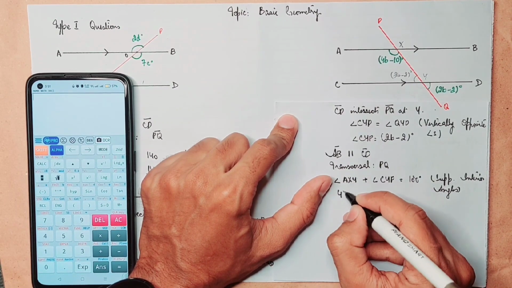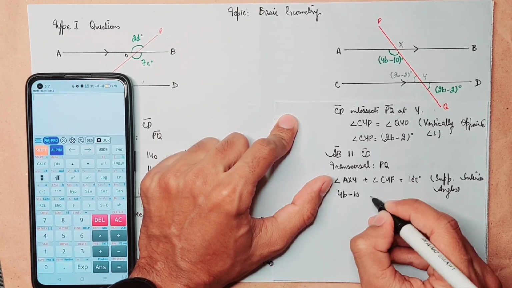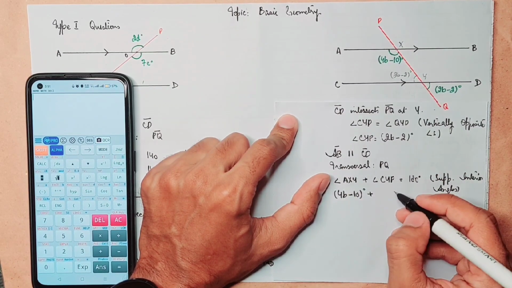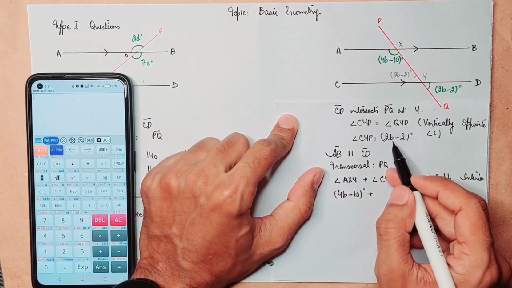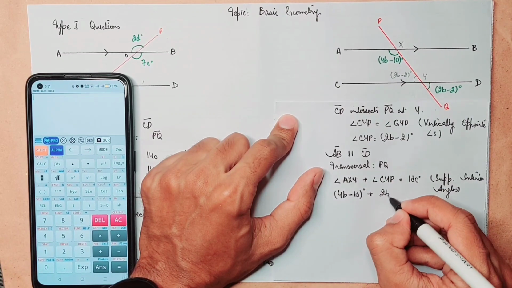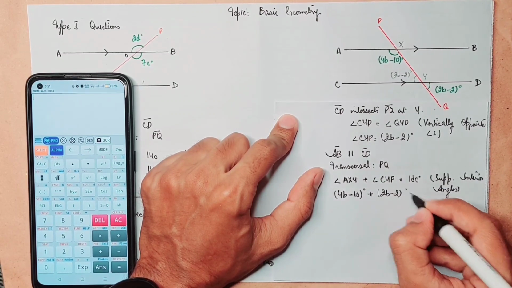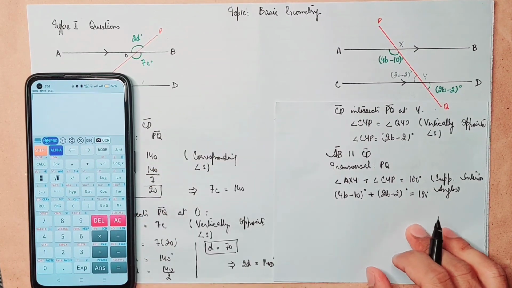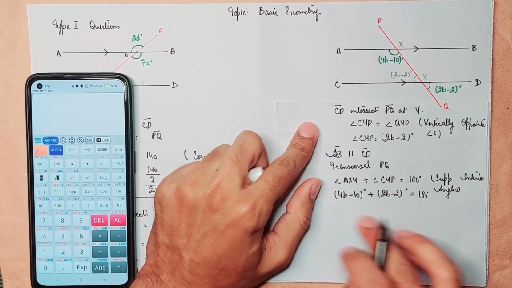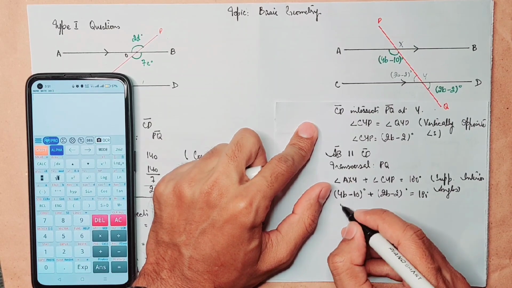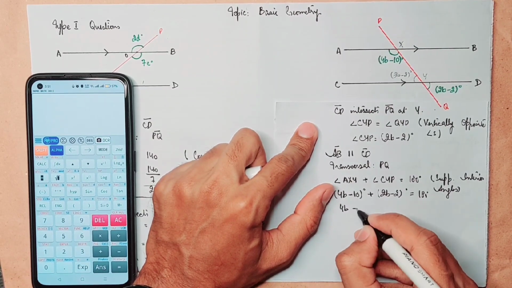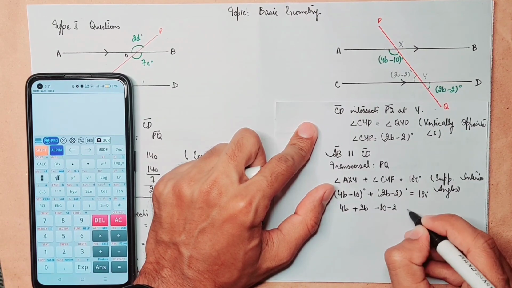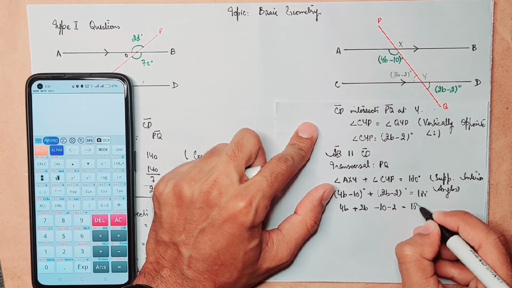One angle is 4b minus 10 degrees plus CYP, whose value we have calculated, 2b minus 2 degrees, equals 180 degrees. Firstly I will write the like terms together. Here I have 4b plus 2b and minus 10 minus 2 equals 180.